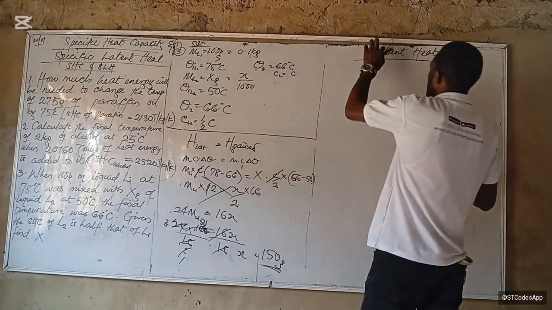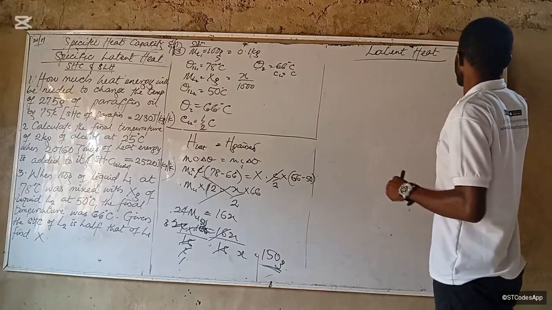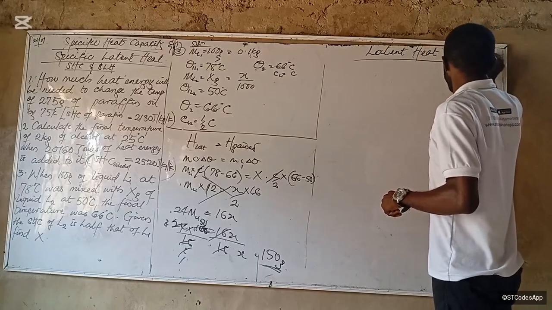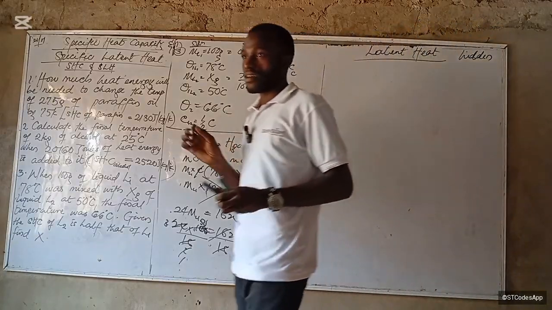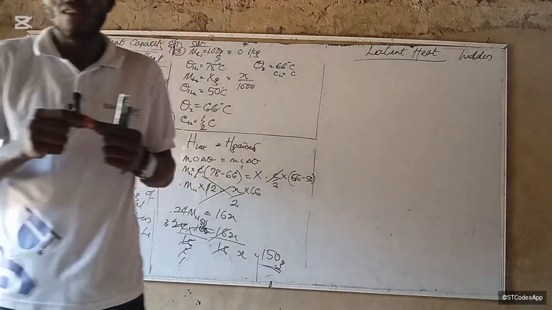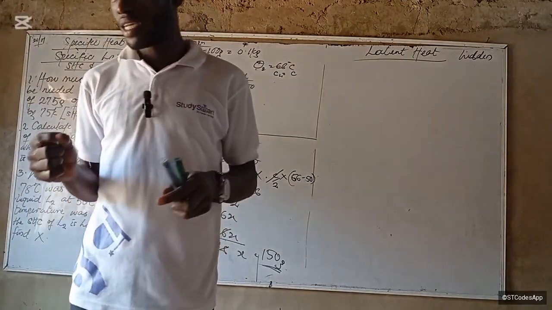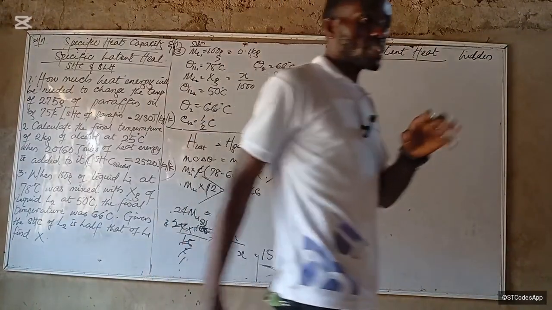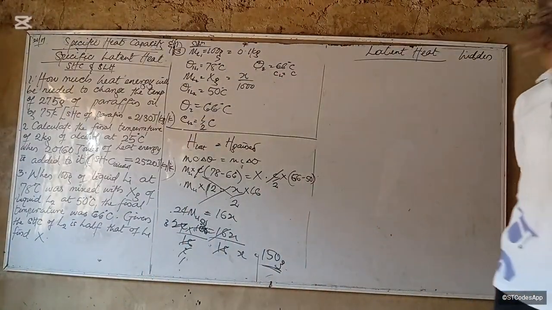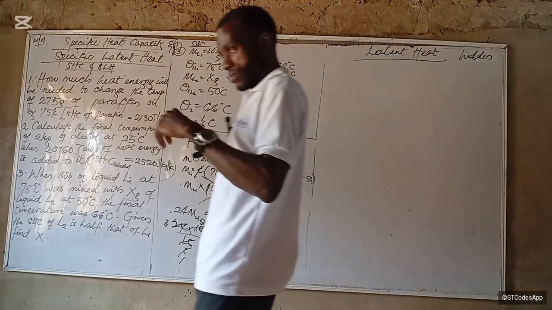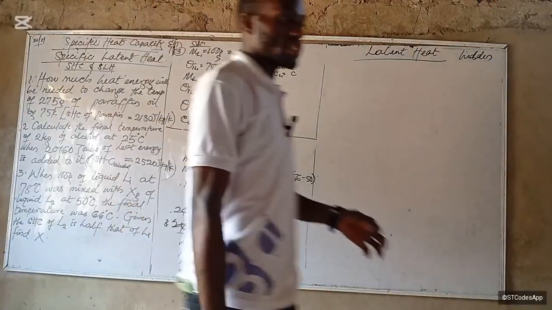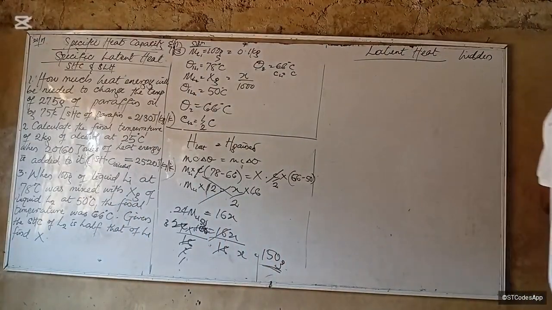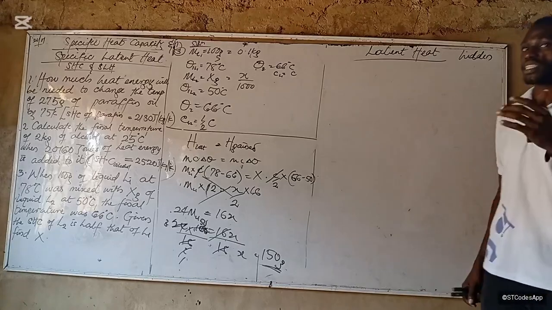So the word latent actually means hidden. The closest synonym is hidden or unknown or not really felt. Do you understand? All right, so now the latent heat is defined. Latent heat is defined as the amount of heat energy. It's also called specific latent heat.